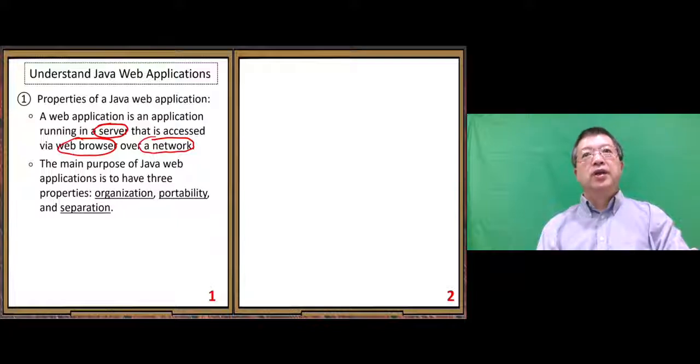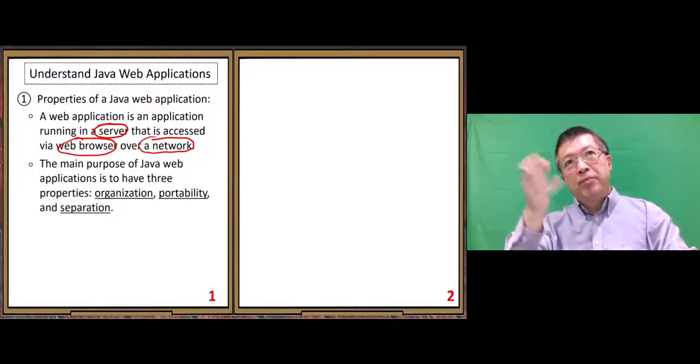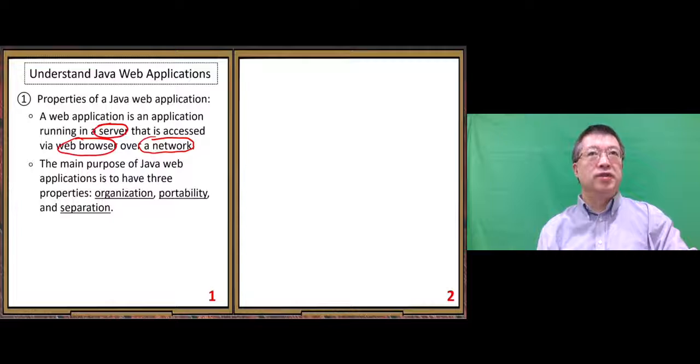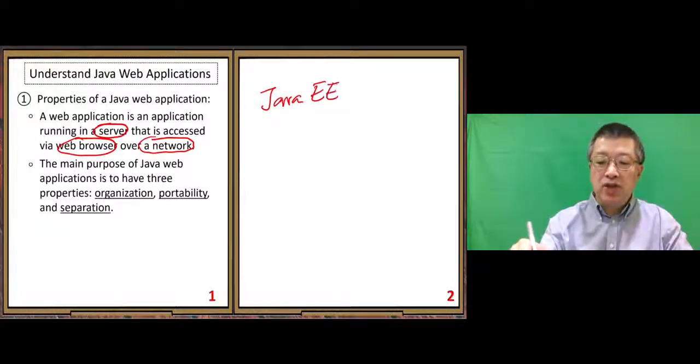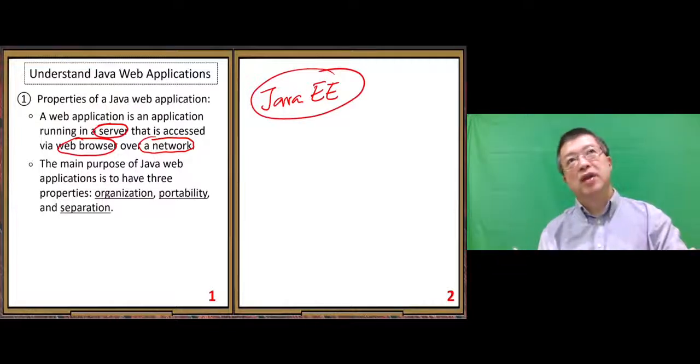Next property. So the main purpose of Java Web Applications, based on the designer, this technology, Java EE. Remember, I mentioned that Java EE technology. So here we are talking about the Java EE technology.